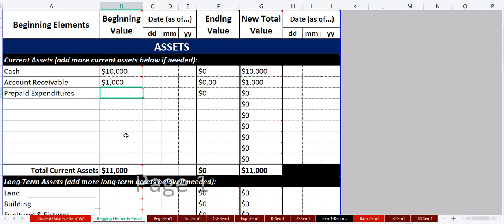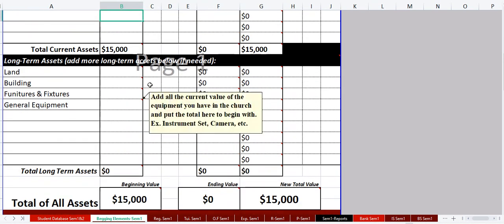The facility she's renting is $1,000 per year. So she paid ahead. So the balance that remains now is something like 4,000. So that 4,000 is what you're going to put here. Great.